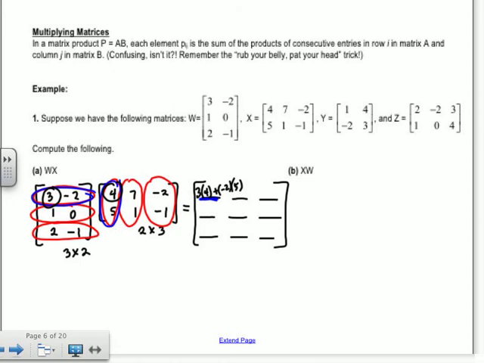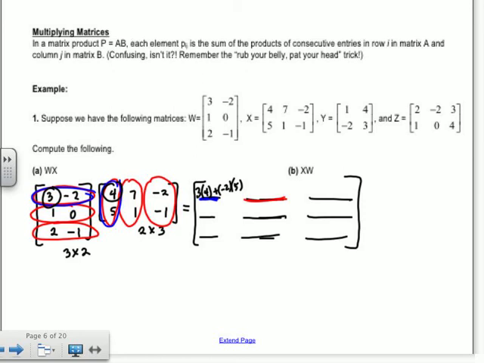I told myself I should have given myself more room. Okay, that's the first spot. Now I want the second spot.